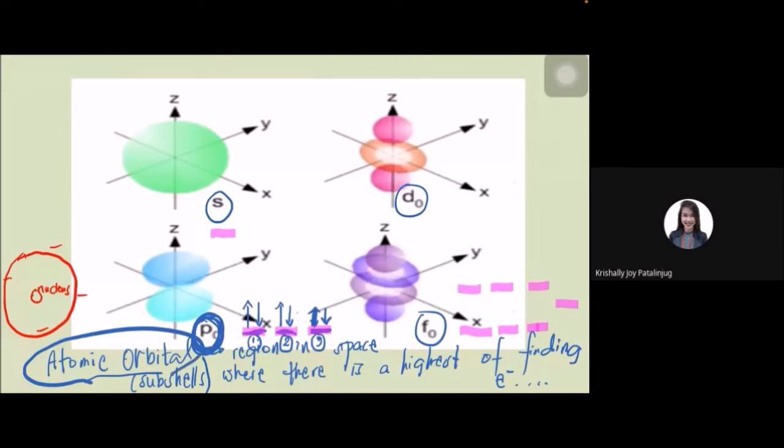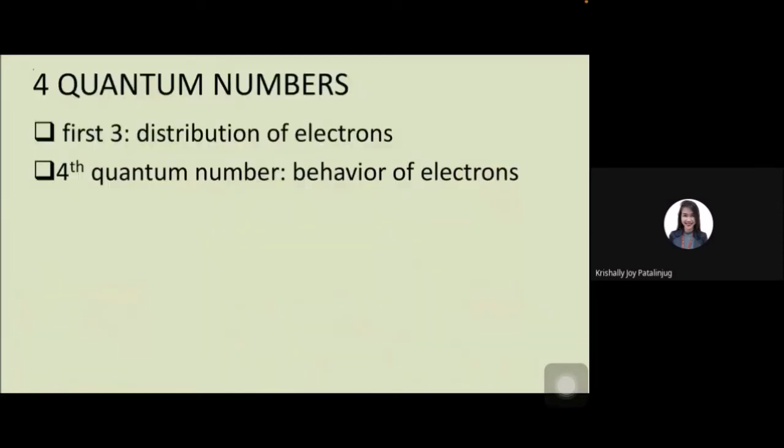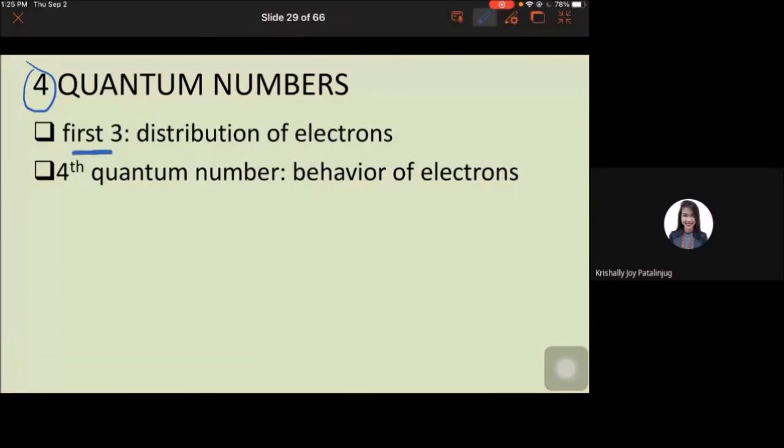Now, talking about quantum numbers, there is a set of quantum numbers which describes an electron, and there are actually four. We will discuss each of them. The first three quantum numbers describe the distribution of the electron.